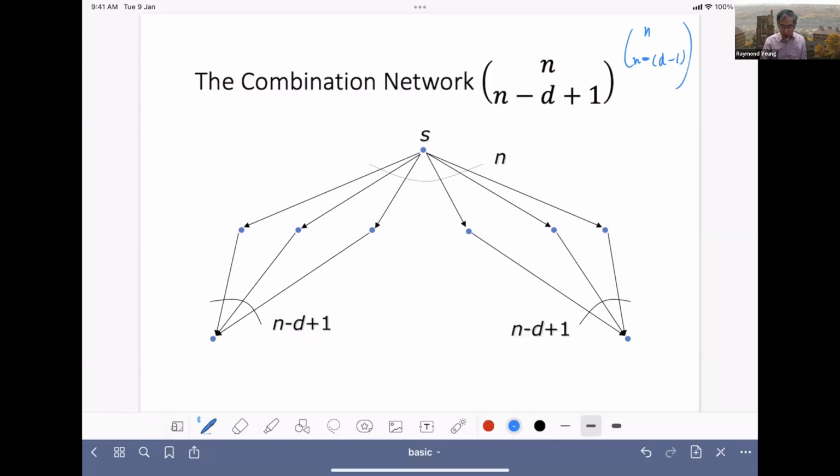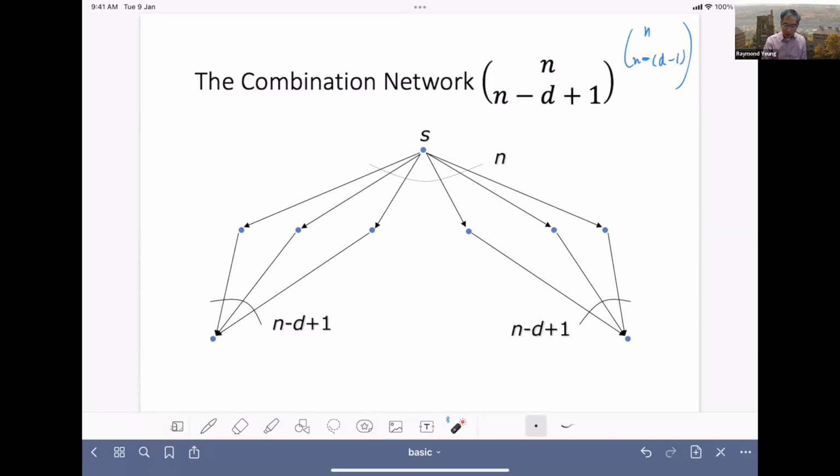So it means that as long as you can get hold of n minus d plus 1 symbols of the code word, okay, so this is a code word of the block code, as long as you can get hold of any n minus d plus 1 of them, you would be able to decode.